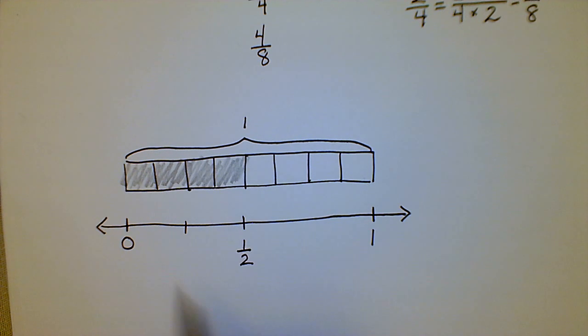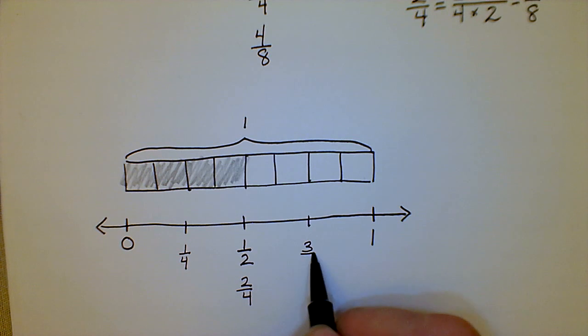So I'm going to put 1 mark here, 1 mark here. So now I have partitioned or split or cut this up into 1, 2, 3, 4 pieces, and those are each going to be a fourth. So let me label them. So this is 1/4, this is 2/4, this is 3/4.